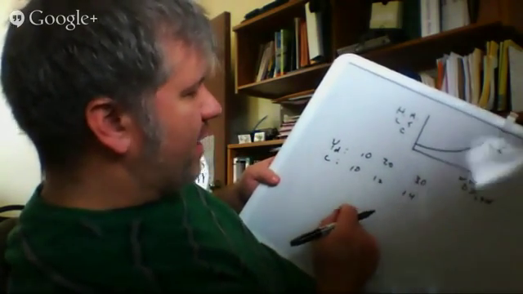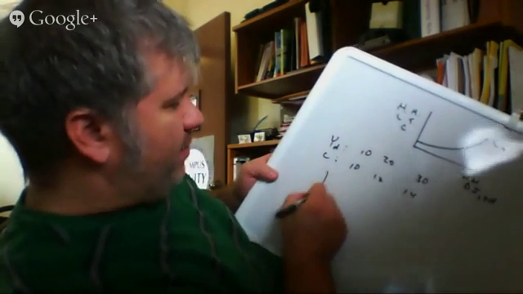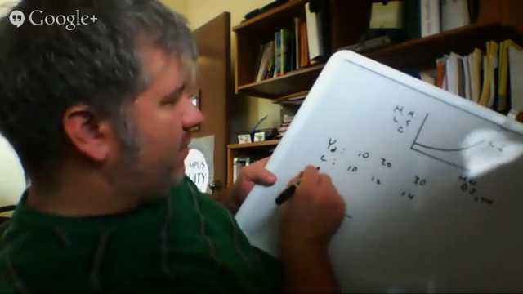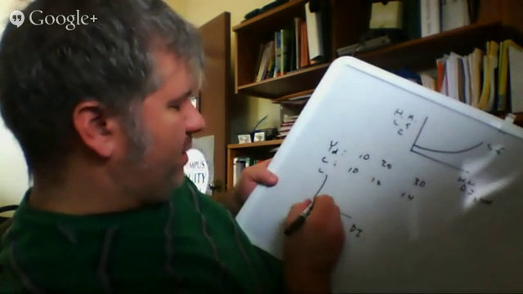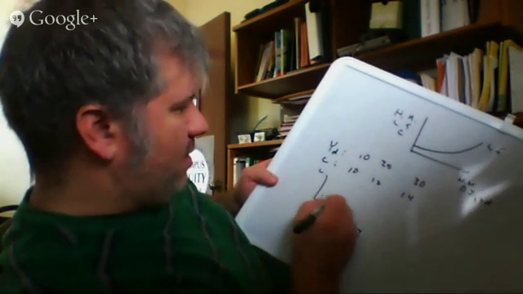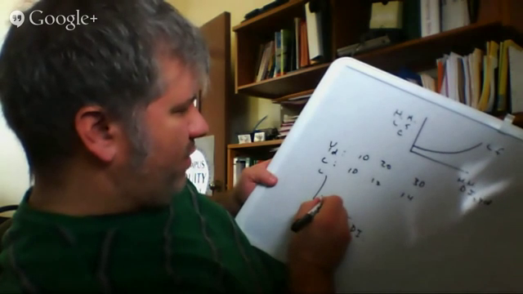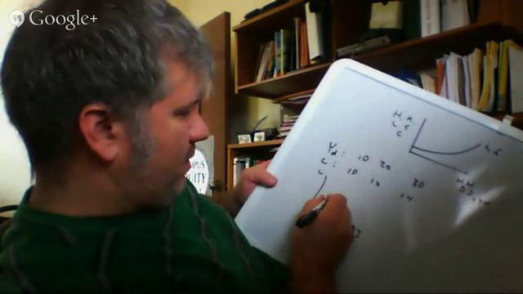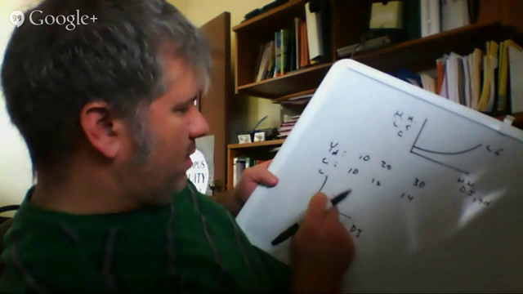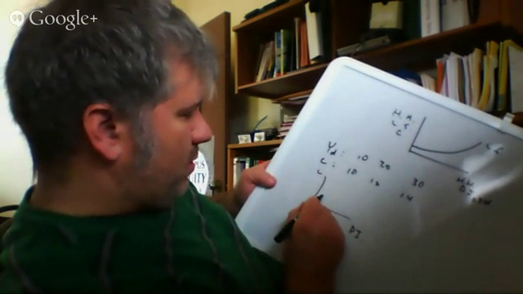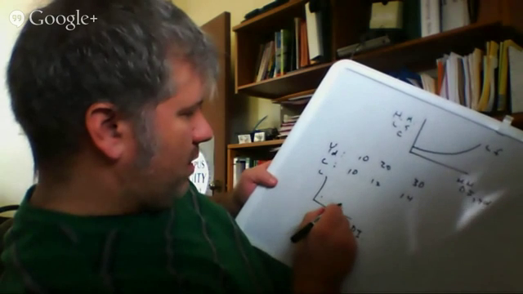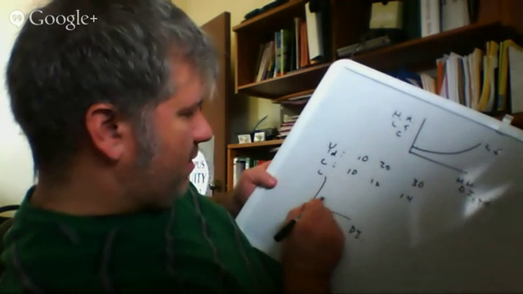So let's think about it here. If we plotted the points, we have C, I, we'd end up with 10 and 10. We'd end up with a little bit higher, 12 and 20. $14 and $30.